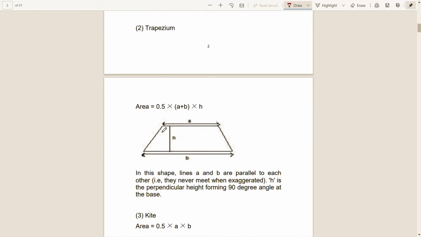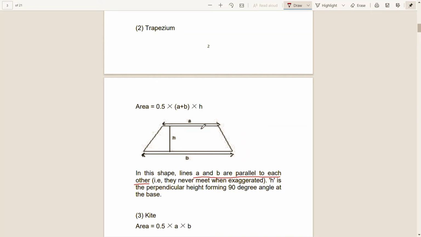The shape of the trapezium is like this. This is line A, and this is line B. In this shape, lines A and B are parallel to each other. That means if we extend these lines further, they will never meet or intersect each other.